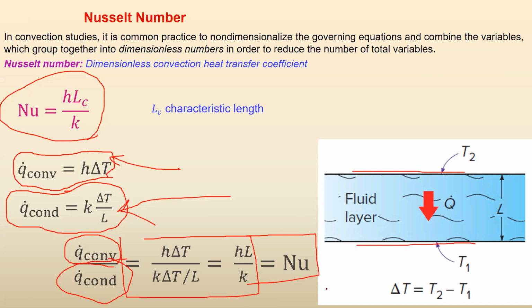And when Nusselt number is small, it means the dominant form of heat transfer, in this example between upper surface and lower surface, is conduction. So Nusselt number is a very good representative of the dominance of convection or conduction. So this is the meaning of the Nusselt number.